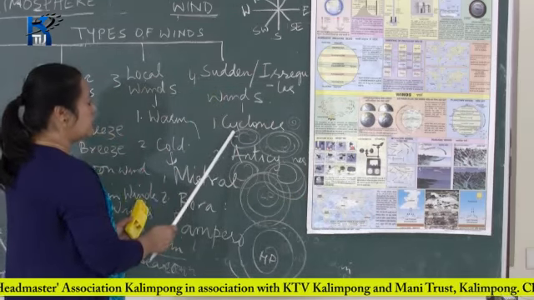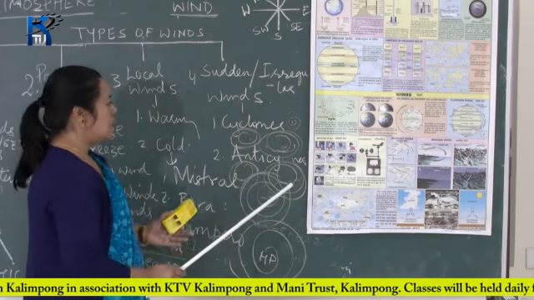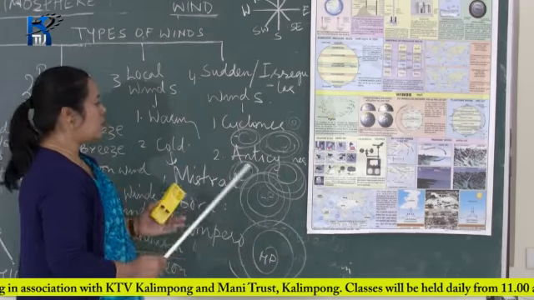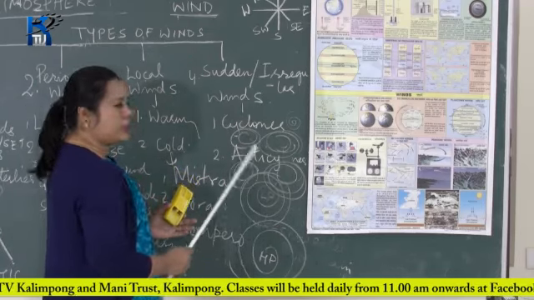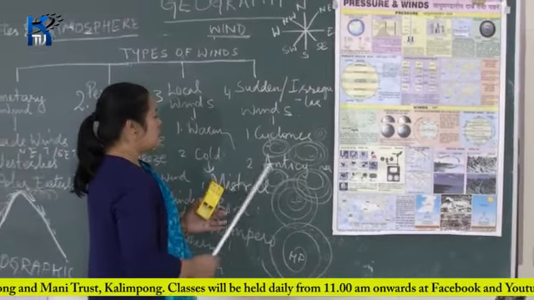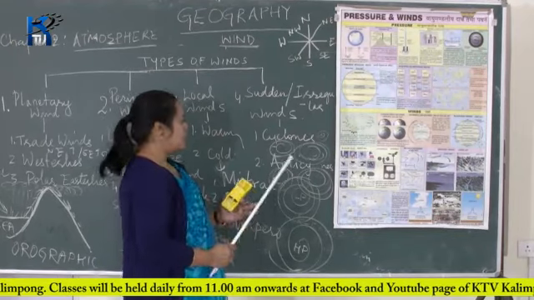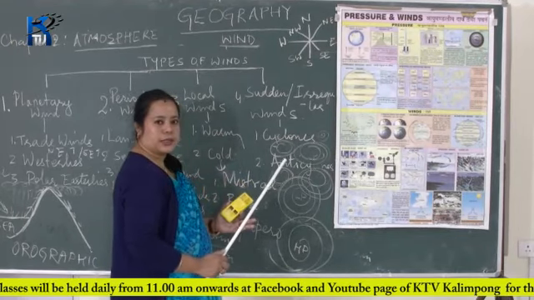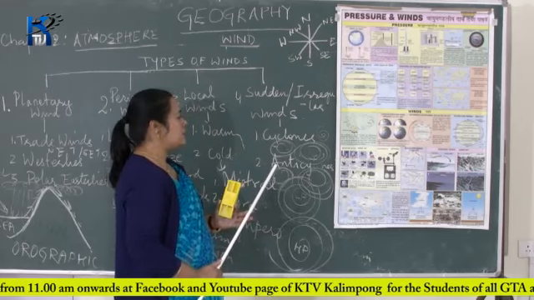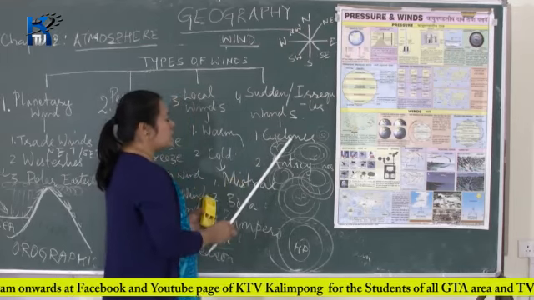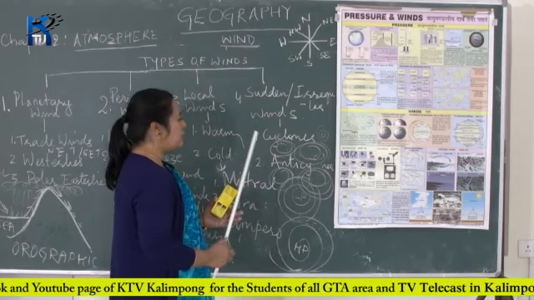And one more thing: the cyclone brings stormy weather, thunderstorms, violent weather, destruction and all, but anticyclone brings calm weather. The recent cyclone we experienced in the year 2019 is Fani, and the cyclone gets its name from the alphabet.